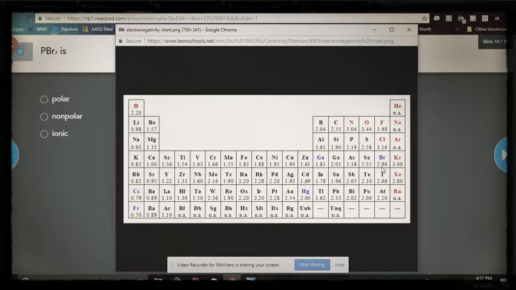So we would know that this would be a polar bond between each phosphorus and bromine. And there would also be a lone pair on the central atom of this one. And it's going to have a trigonal pyramidal shape. And whenever it has a trigonal pyramidal shape, that means it is a polar molecule. So polar bonds, trigonal pyramidal shape, you're going to have a polar molecule.